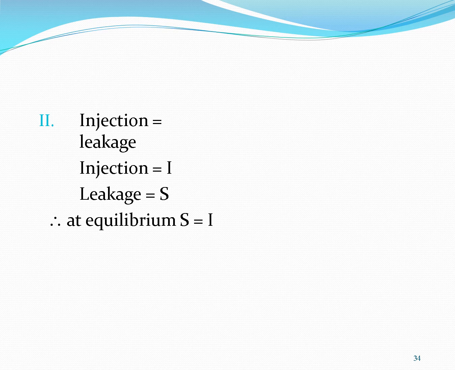If you use the method of injection and leakage, injection is I and leakage is S. So when you calculate the national income equilibrium, the formula for two sector is S equal to I, saving equal to investment.